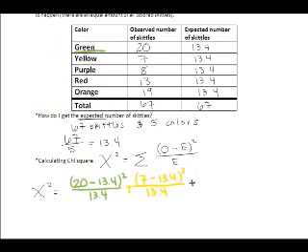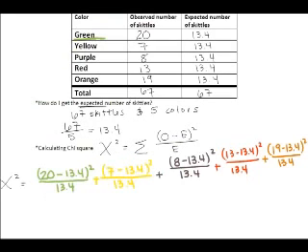So 8 is our observed frequency for the amount of purple Skittles minus our expected frequency. So I have finished the rest of the frequencies, as you can see. Now we can go ahead and calculate this.